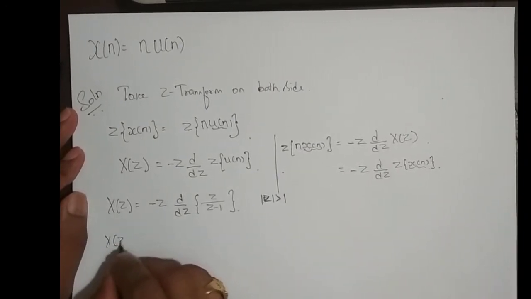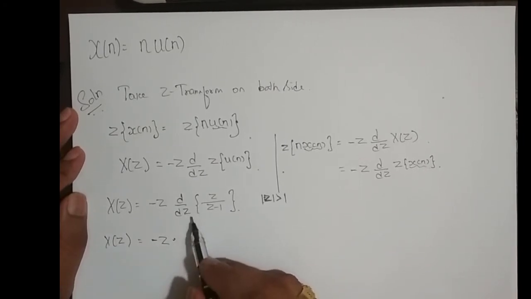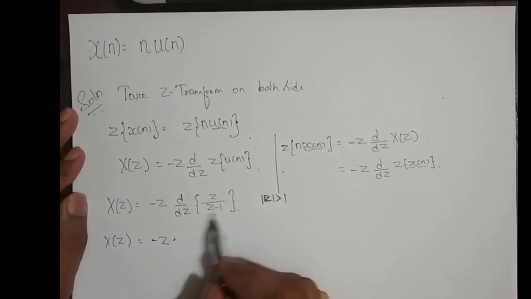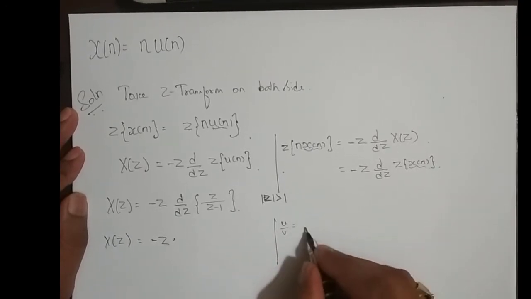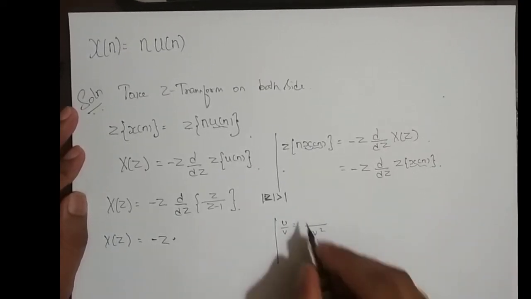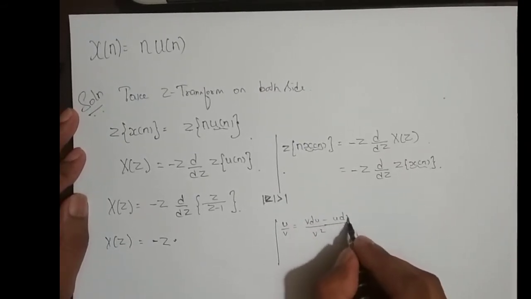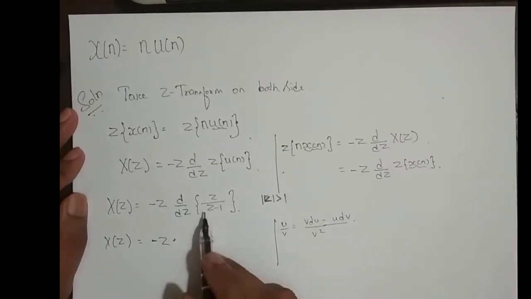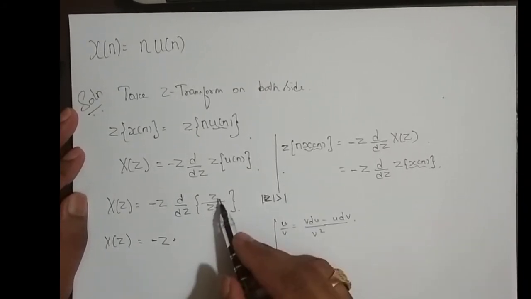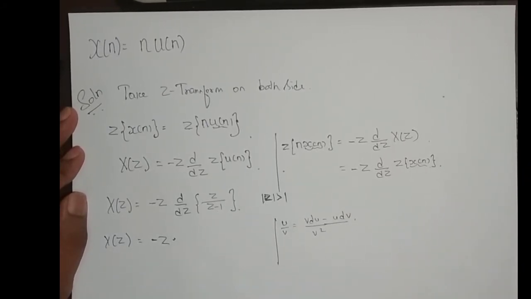Okay. So X of z is equal to minus z into, so what is the differentiation of z divided by z minus 1 with respect to z? It is of the form u by v, right? And it is nothing but, in the denominator it is v square, in the numerator v into differentiation of u minus u into differentiation of v, right? Since I have z term in the numerator as well as denominator, I have to apply the quotient rule u by v.